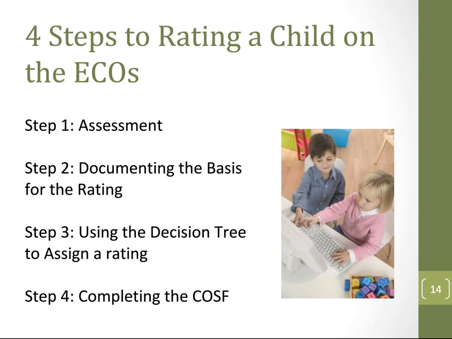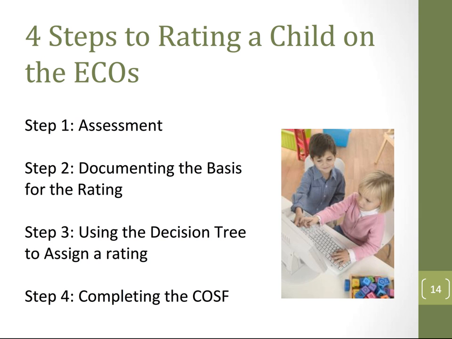In Kansas, we think about the early childhood outcome rating as a 4-step process. Assessment is the first step because in order to make a rating, teams have to collect curriculum-based assessment information along with other information about a child's functional performance across settings and situations.